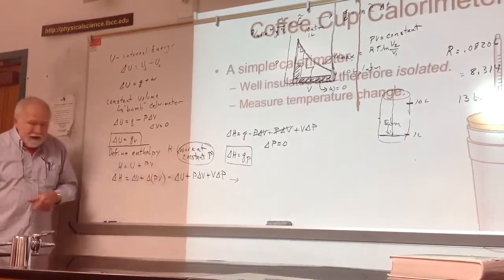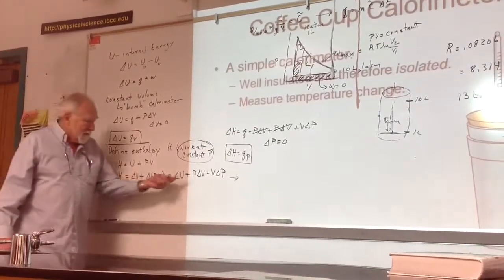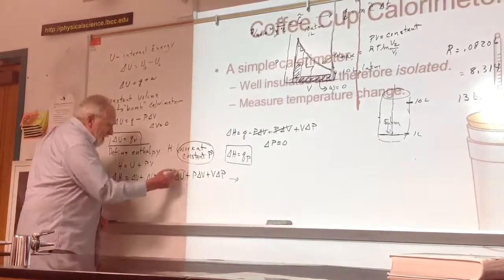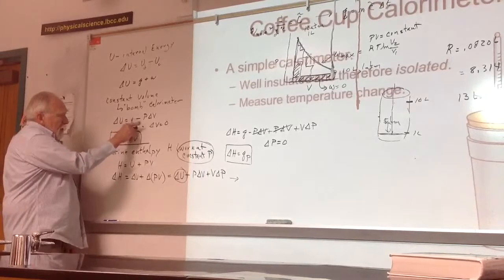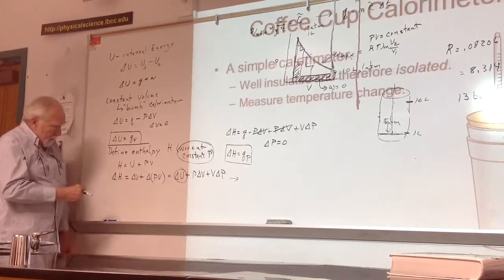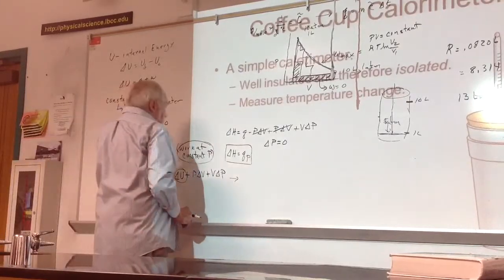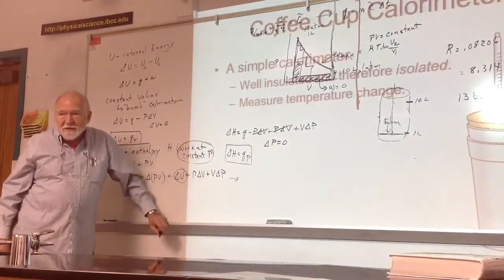Then I expanded that up using the rules of calculus, which, whether you believe me or not, this is what it gives you. Then I went up here, and here was my definition for the internal energy change for the system. And this is the enthalpy change for the system that I must be talking about. And so I substituted this thing for delta U. Then I just did the algebra.